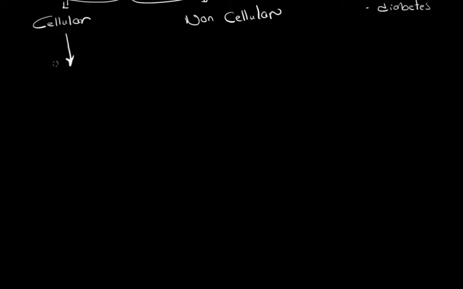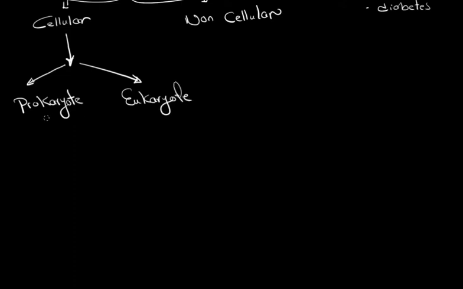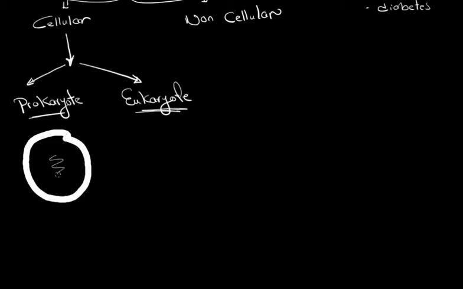You're probably familiar with this. A cell, any cell, is either prokaryotic or eukaryotic. So this infectious agent is either a prokaryote or a eukaryote. The main distinction between prokaryotes and eukaryotes is that the cells of eukaryotes have membrane-bound organelles.